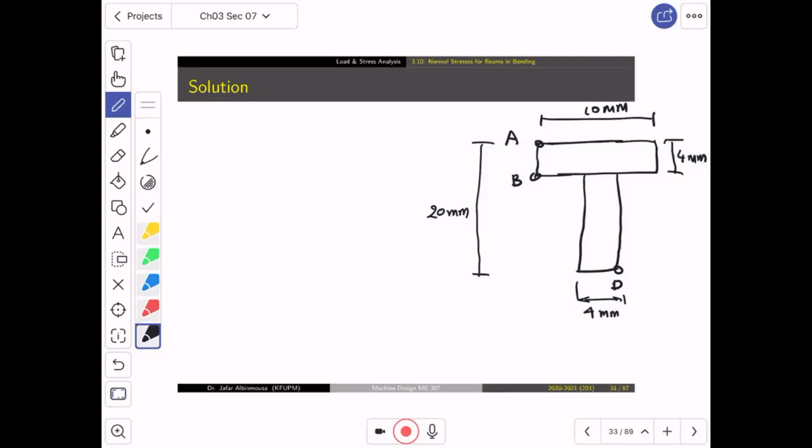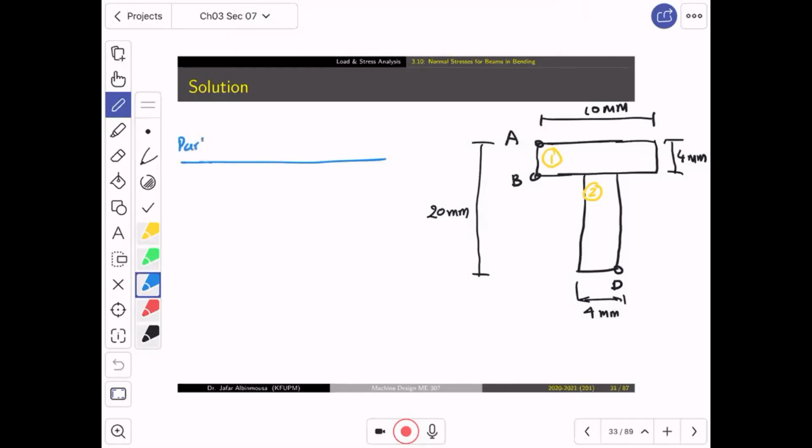Now, what are we going to do? I intentionally split this part into two, okay? The first one is this. The second one is this one. So what I'm gonna do, I'm gonna draw this table as we used before.